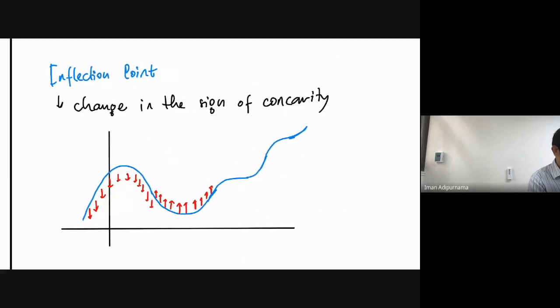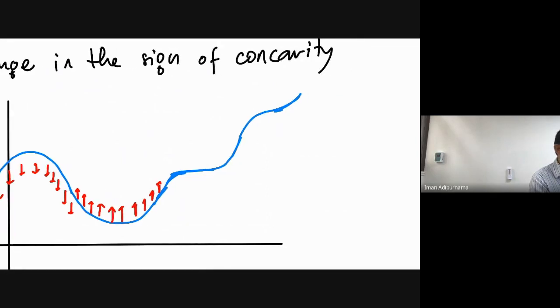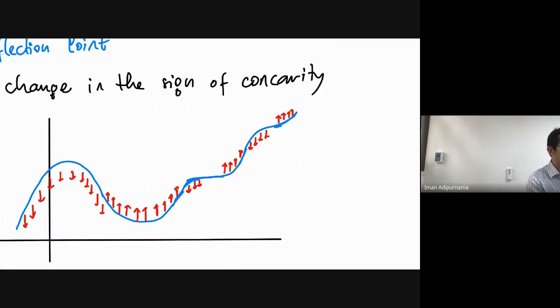It's not really good, but it's just zero here, and then maybe it's going a little bit there, and then zero, and then it's changing to here, and maybe at some point here it's changing, and then again changing here.